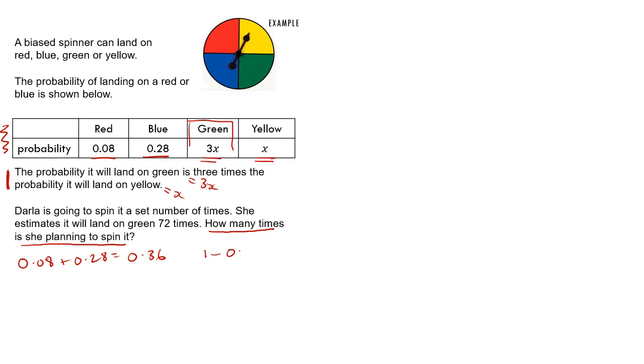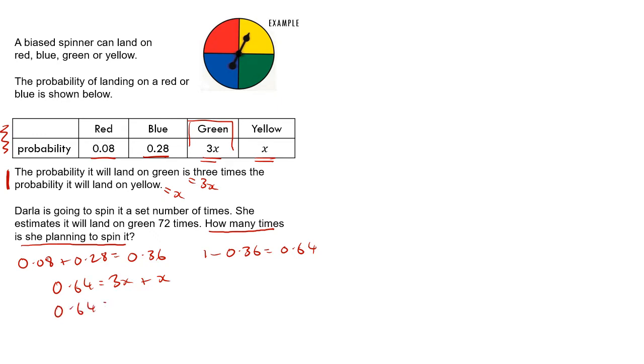If we take that away from 1, that gives us the probability it will land on green or yellow. So that's equal to the probability it will land on green plus the probability it will land on yellow. We've formed an equation which we can now go on to solve.